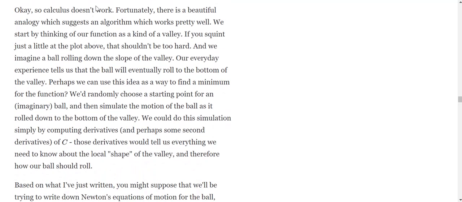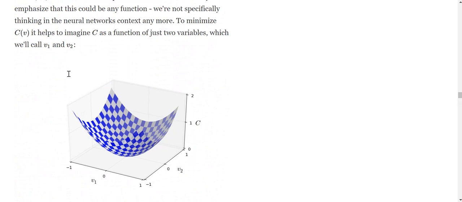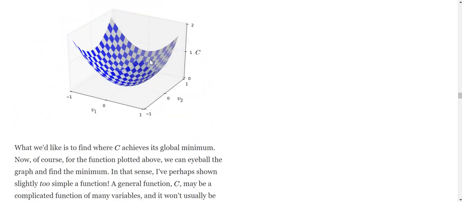Okay, so now that we established that calculus doesn't work, there is another beautiful analogy which suggests an algorithm which works pretty well. We start by thinking of our function as kind of a valley, and this is not a claim far from reality. If you had a more complex function, you might be able to visualize that there could be valley-like structures.